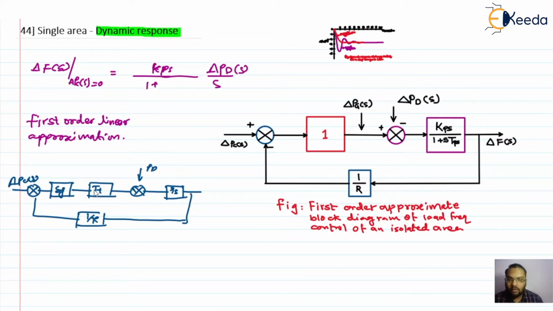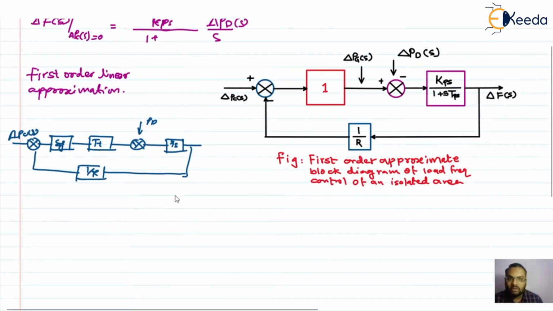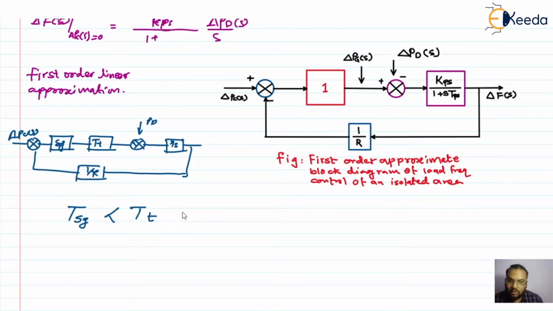If we take typical values, the time constants come in this order: the time constant of the speed governor is less than that of the turbine, and both are very small compared to the time constant of the power system.